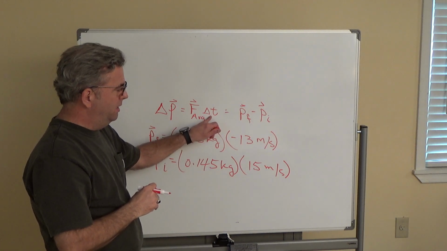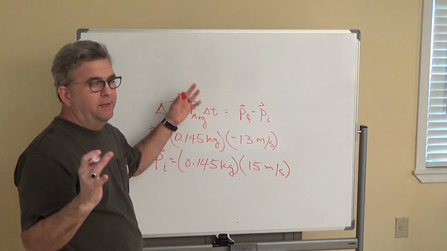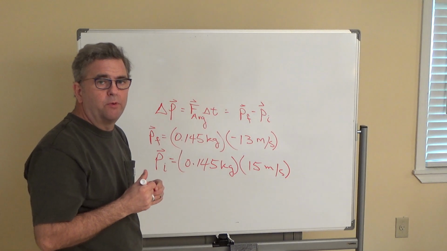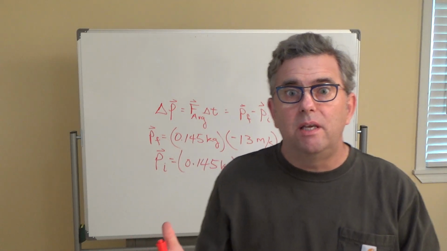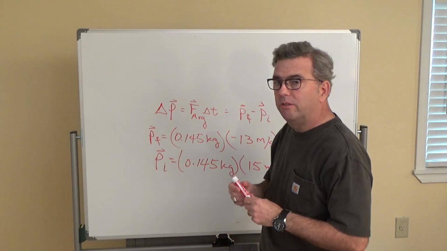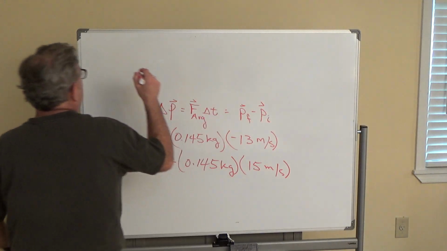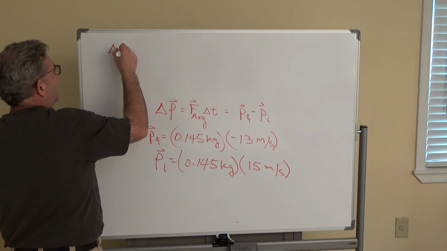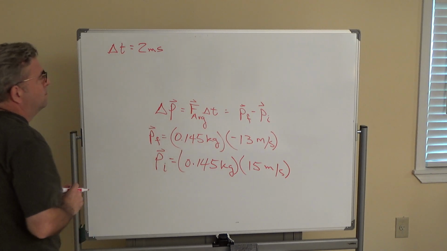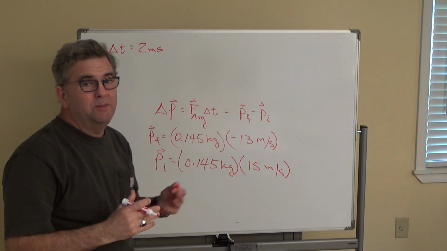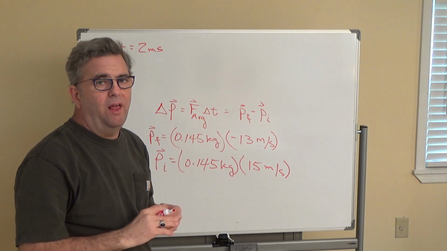Let's talk about a reasonable value for delta T. I guess you would have to perform some experiments to figure out what delta T is. Well, I'll give it some value. Delta T, let's say about 2 milliseconds. That seems reasonable to me. Maybe it's not. Look it up online.